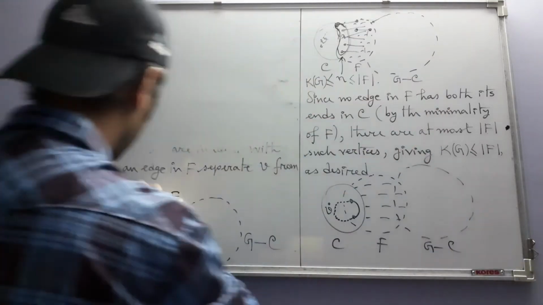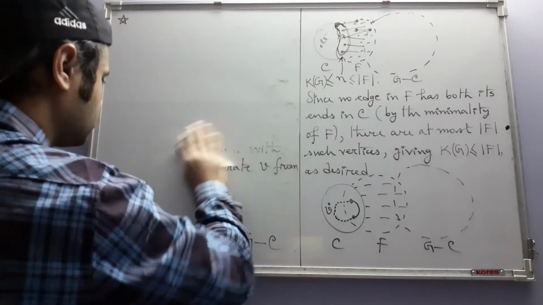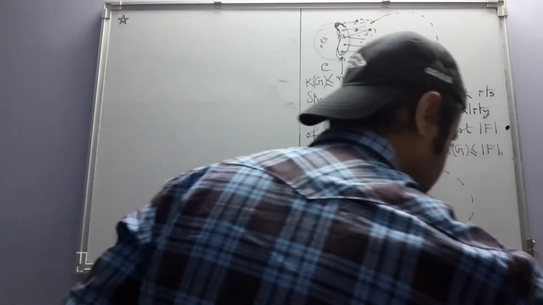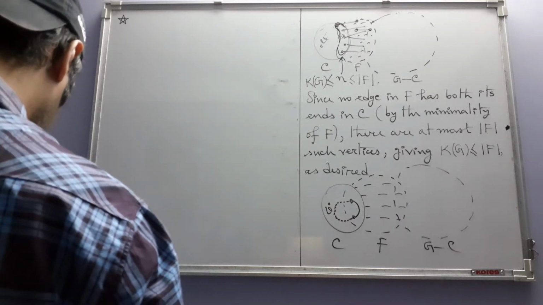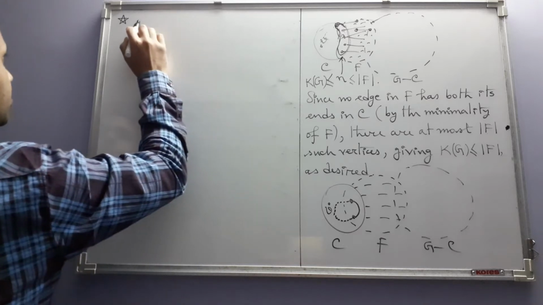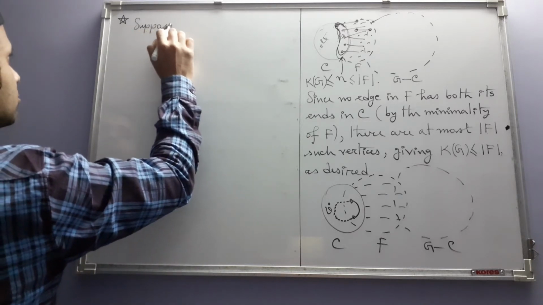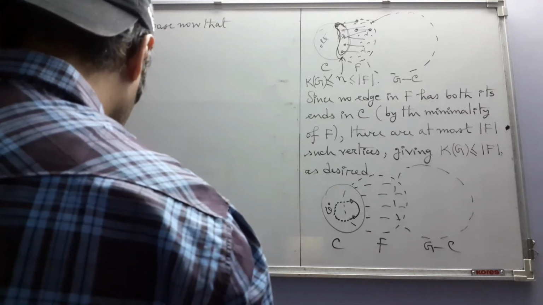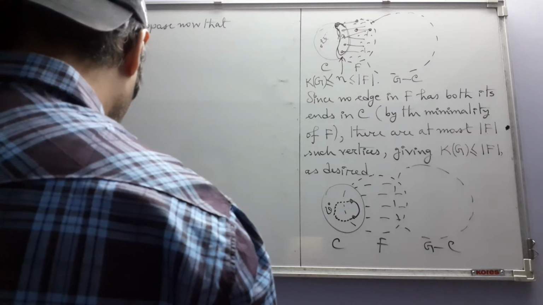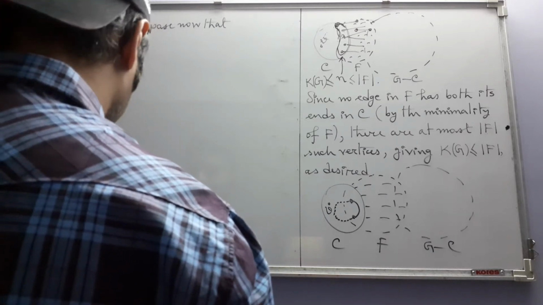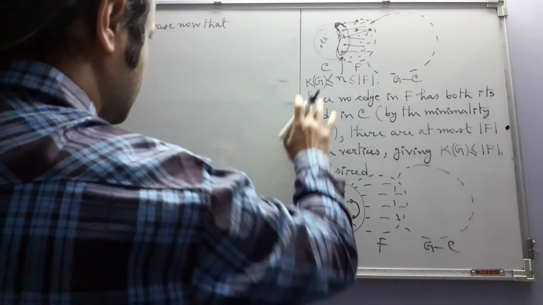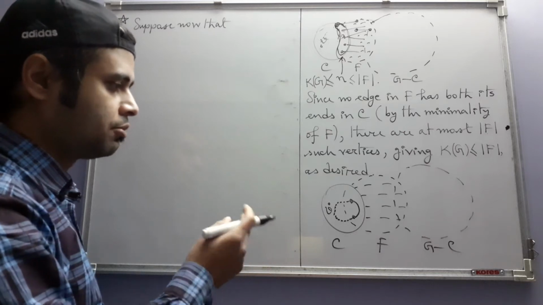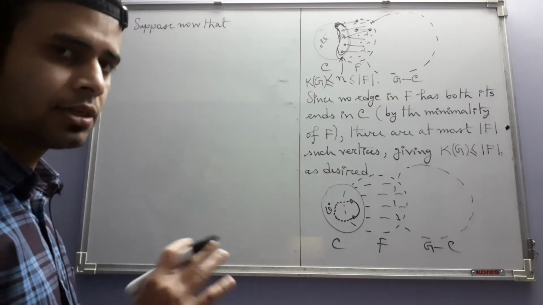Okay, so we can clean this part. Suppose now that every vertex of C, or in fact not just C, every vertex in the graph is incident, because C comes after choosing V. C is the component where we have V in the graph G minus F. That's how we have chosen C, right?